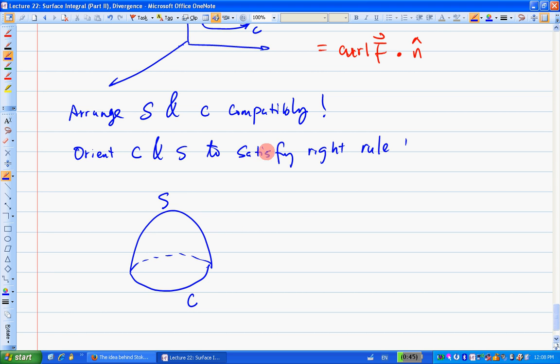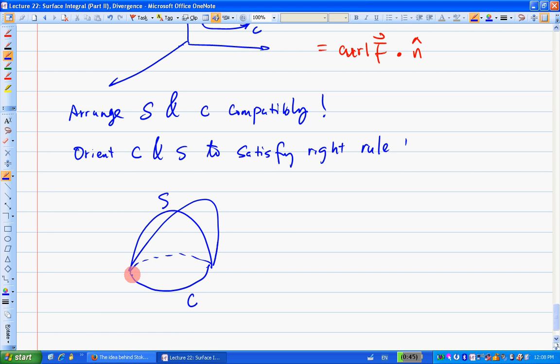Now, maybe before we talk about orientation, there's another point. Given a curve C, how many surfaces will the curve C bound? Infinite. If I have a surface here, that's another one.